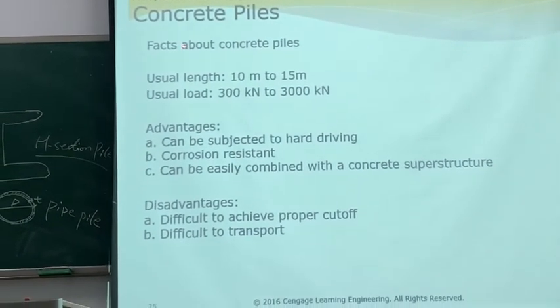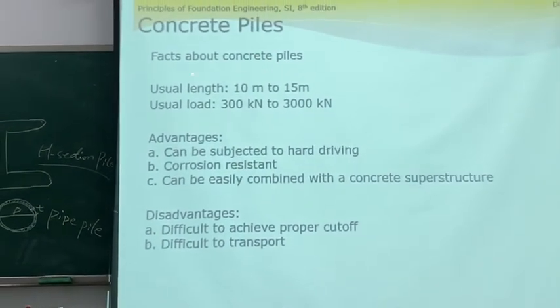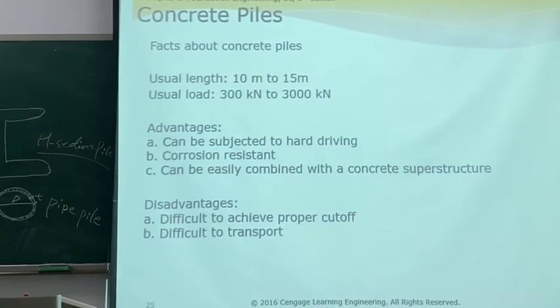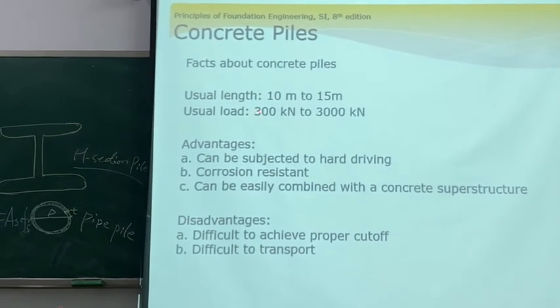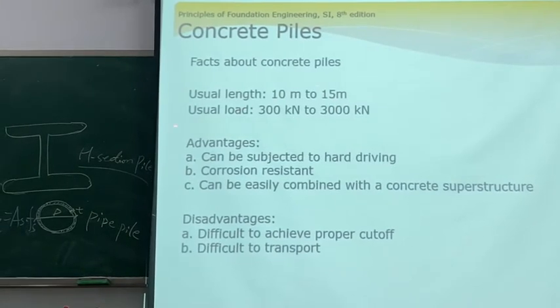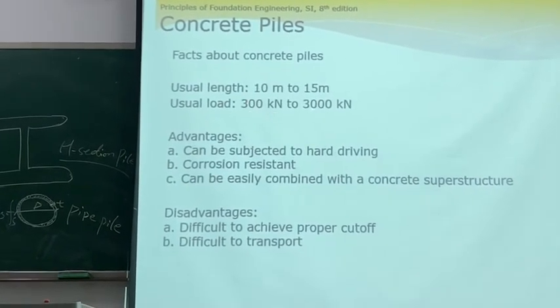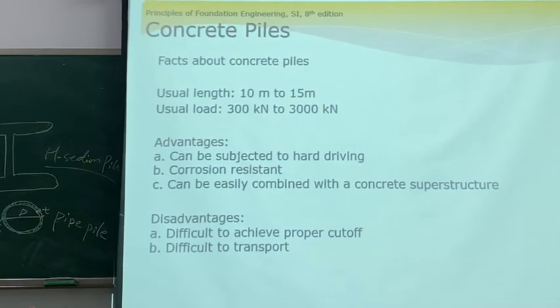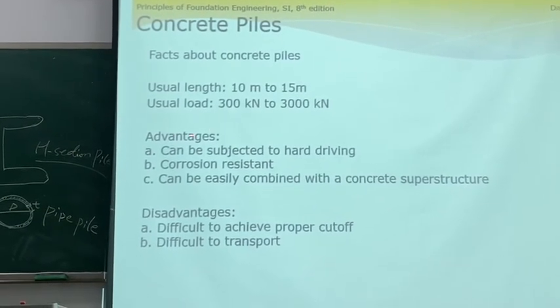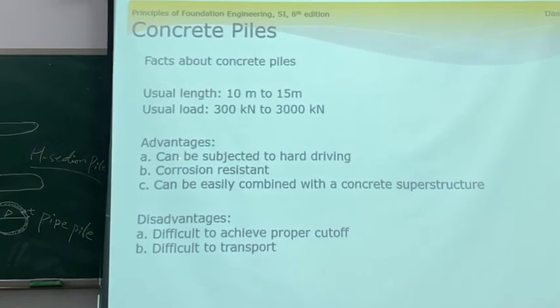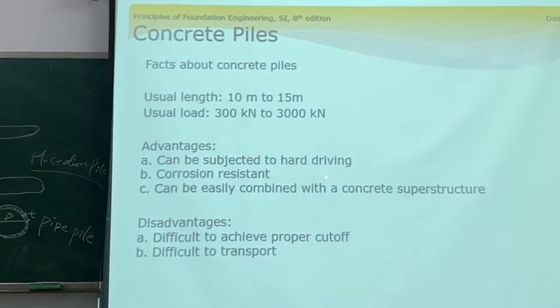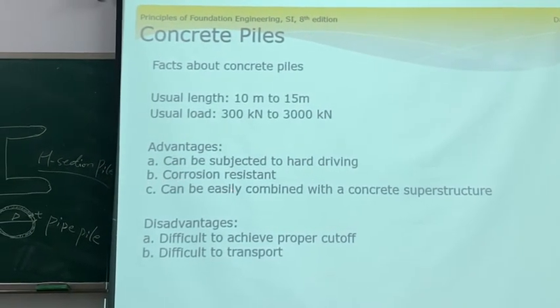Facts of the concrete piles: usually the length of the precast concrete pile is 10 meters to 15 meters, and the size about 300 to 3,000 cubic. The advantages of the precast concrete pile: it can be subject to hard driving.